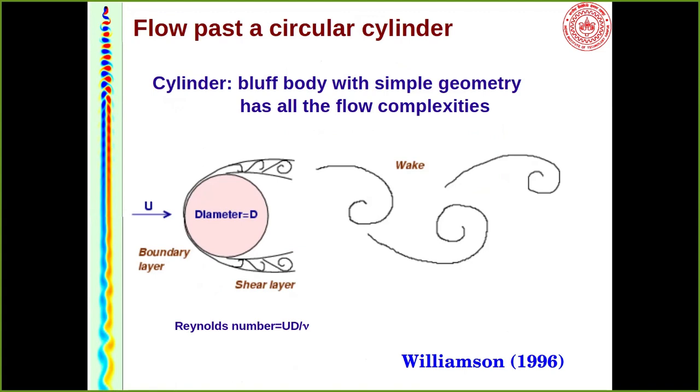The first one is the wake instability. If you look at the flow past the cylinder, there's a wake here, and that velocity profile has a recirculation zone. It turns out beyond a certain Reynolds number, if you disturb that, it becomes unstable. So vortex shedding will begin, and that's because of the instability of the wake.